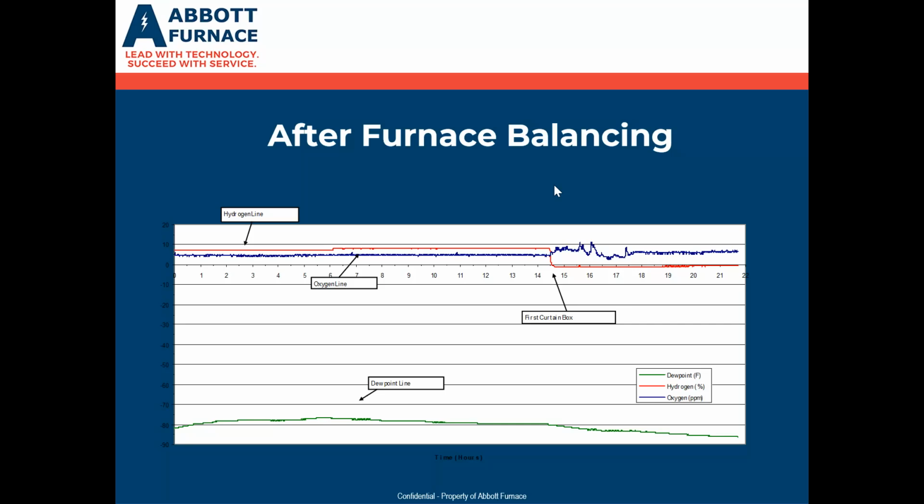The oxygen line stays pretty consistent throughout at a very low level. Now our dew point, you see we have a little bit higher dew point up toward the front of the furnace in that preheat box or delubing box, to help react with those carbon vapors coming out of the product. And then in the back, in the cooling section, we have a very dry, very low dew point to not oxidize the product coming through the furnace.